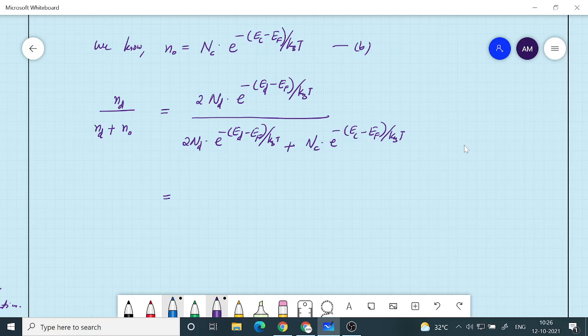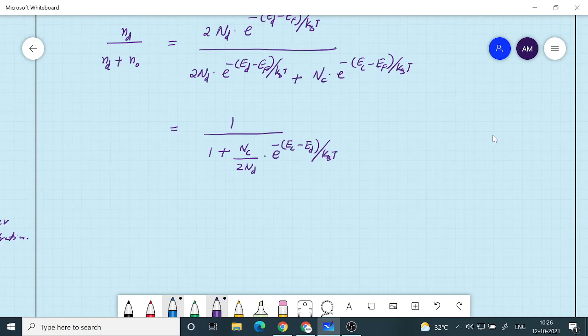Let us divide this with whatever is the term in the numerator. So that will make it 1 by 1 plus, when you divide, Nc by 2Nd, and if you look at it, Ef is going to cancel away, then what we are going to get is e raised to minus (Ec minus Ed) by kBT.